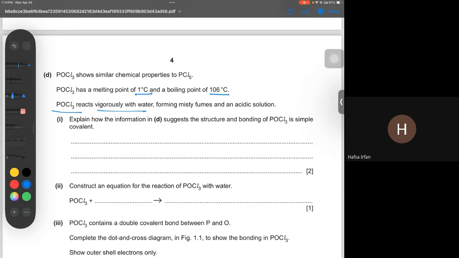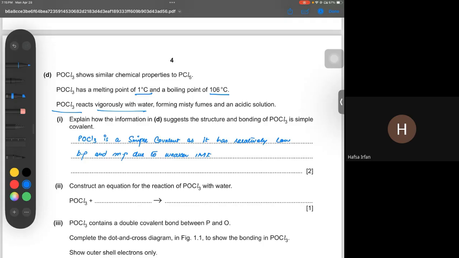Suggests the structure and bonding of POCl3 is simple covalent. So this is of 2 marks. First of all, I would be writing that POCl3 is a simple covalent compound, as it has a relatively low boiling point and melting point due to weaker IMF.